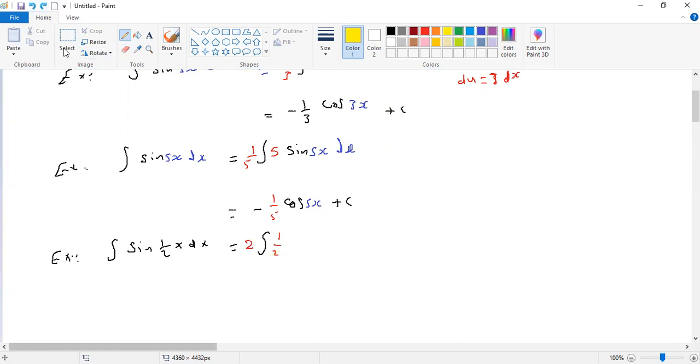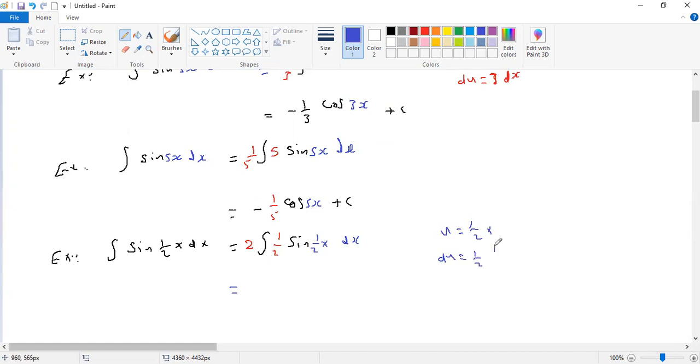So then the integral of what do we have? Sine half x dx. Now this is the integral of sine u du, where u is half x. What is the du?